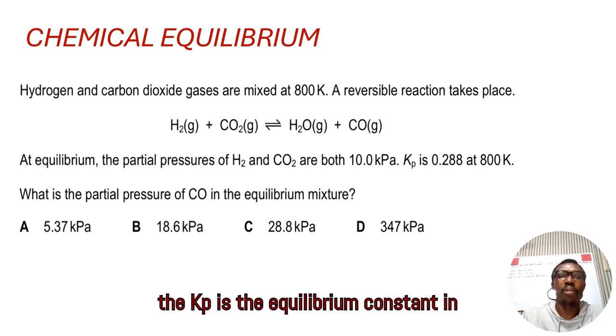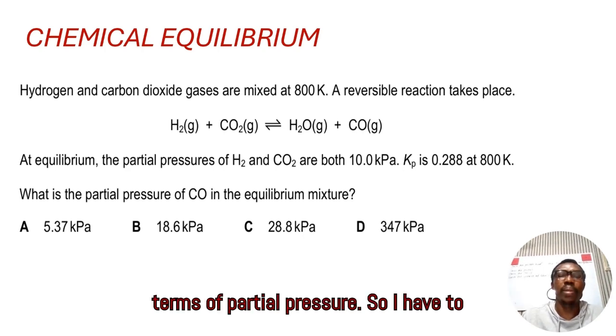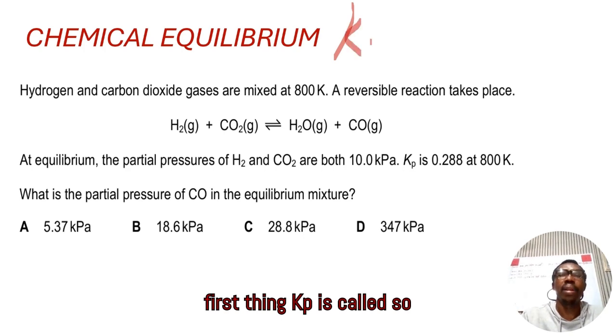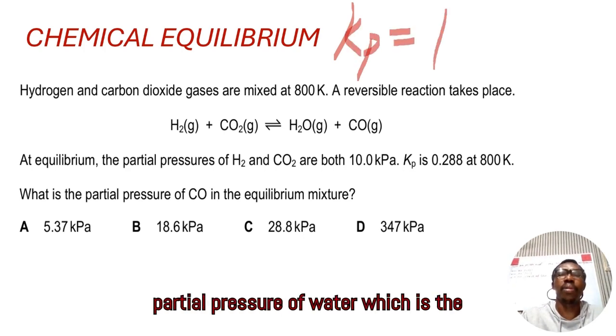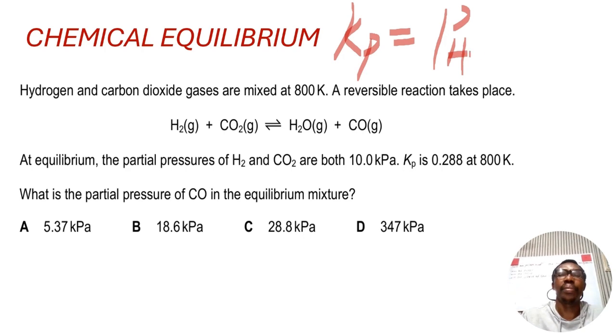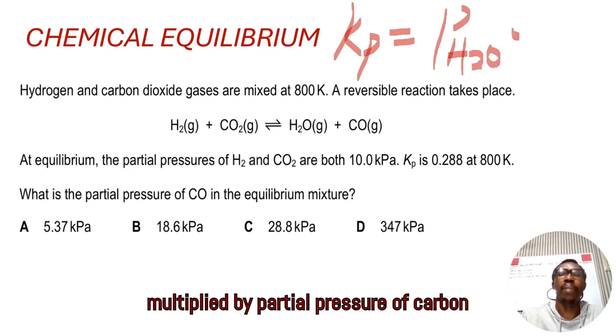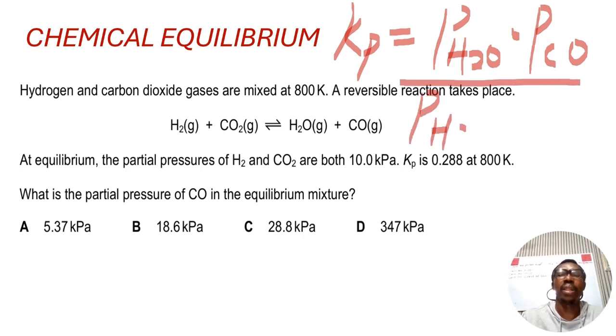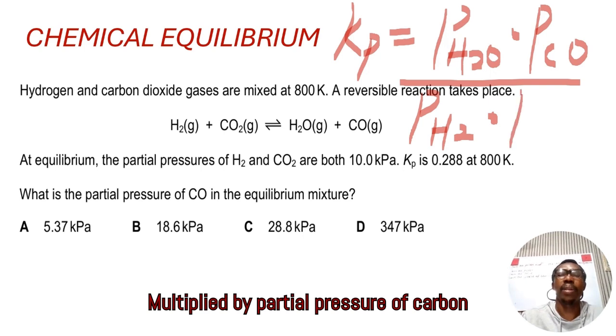So the Kp is the equilibrium constant in terms of partial pressure. So I have to write the equilibrium expression. That's the first thing. Kp is equal to partial pressure of water, which is the product, multiplied by partial pressure of carbon monoxide, divided by partial pressure of hydrogen multiplied by partial pressure of carbon dioxide.